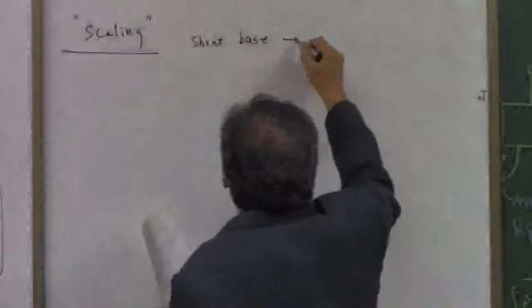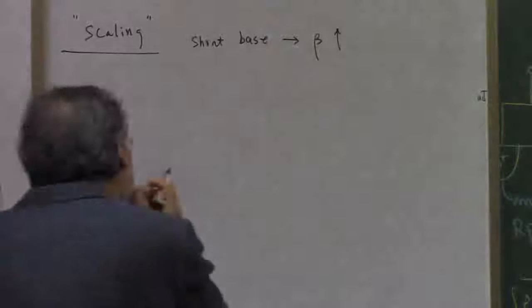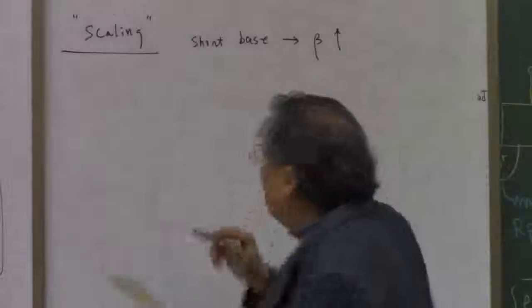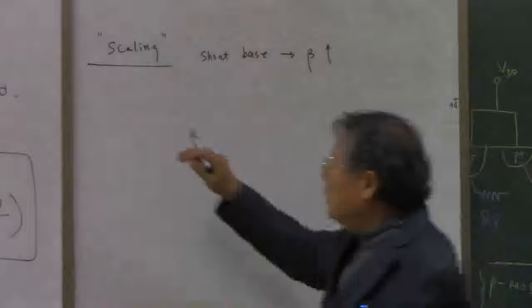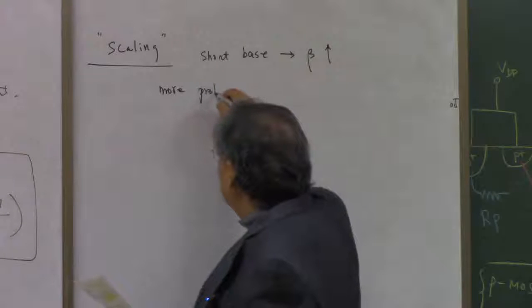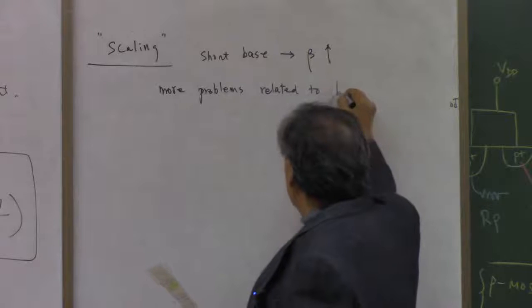Then this means beta goes up, and so this scaling is going to make the device more vulnerable to the latch up process. So we have to find a way to prevent the latch up. We have more problems related to latch up.